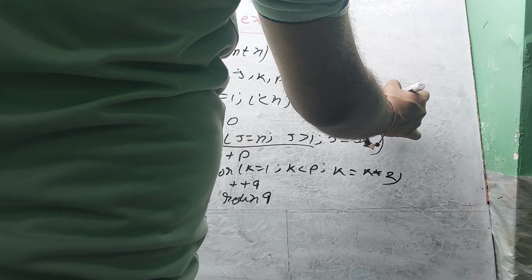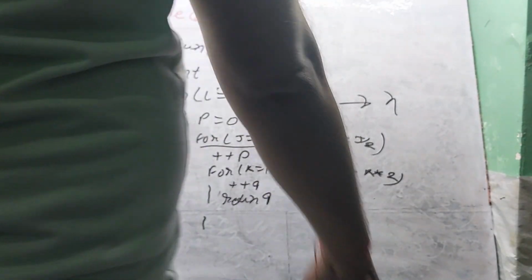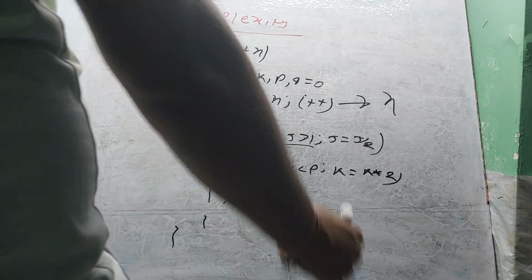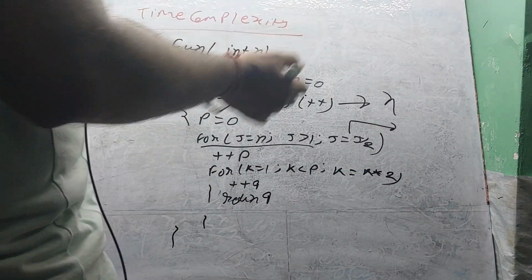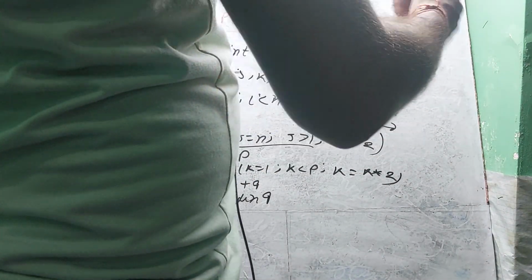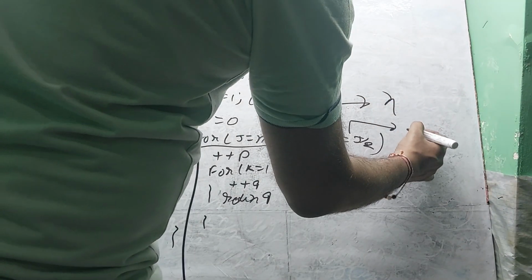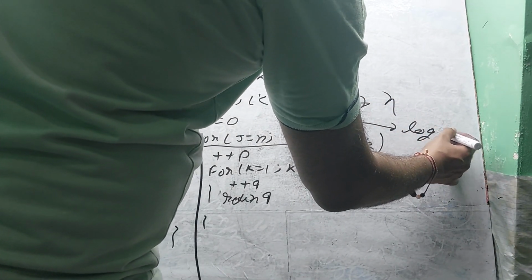This for loop will execute for n time, no doubt. And this is the easiest one: each time j becomes j by 2, j by 2, j by 2, so this is nothing but log n base 2.